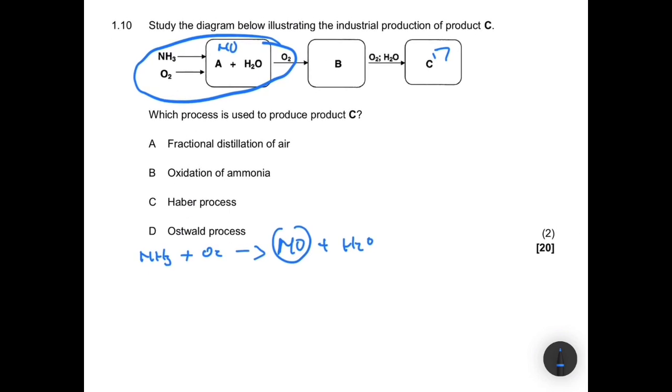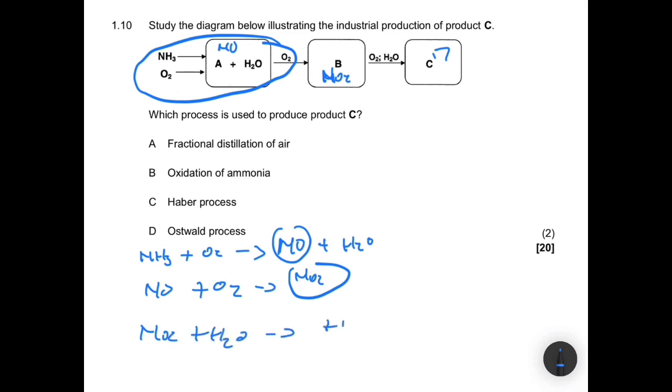From having NO, you then get NO plus O2, and we're going to get NO2. So here at B, we have NO2, and then at C, we have NO2 plus H2O, and we're supposed to get HNO3. Like I've said, it's the Ostwald process. That is option number D.